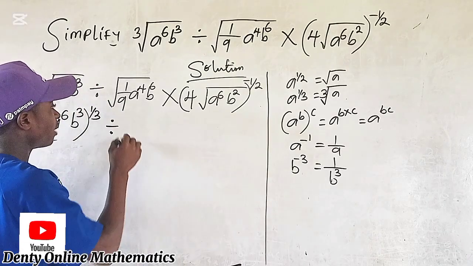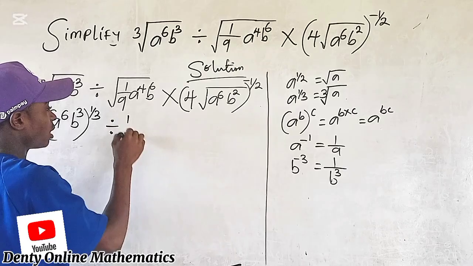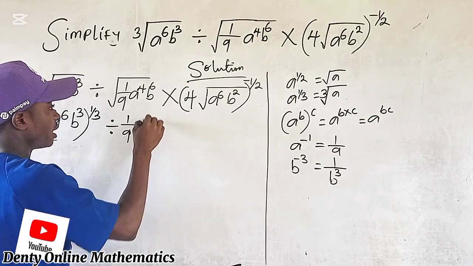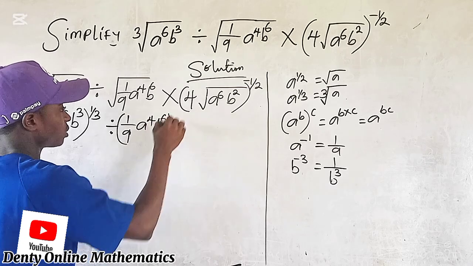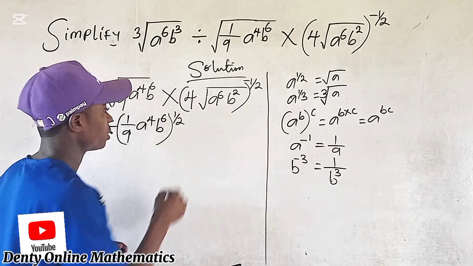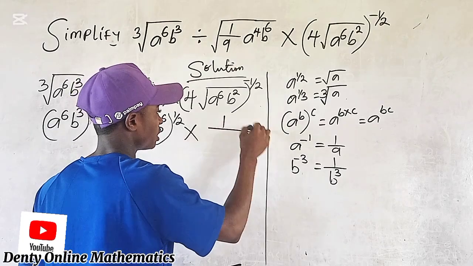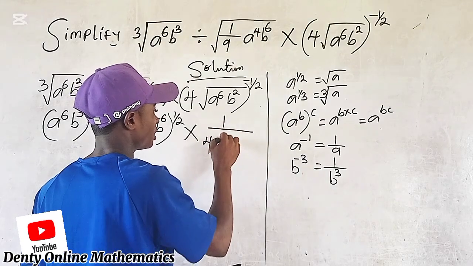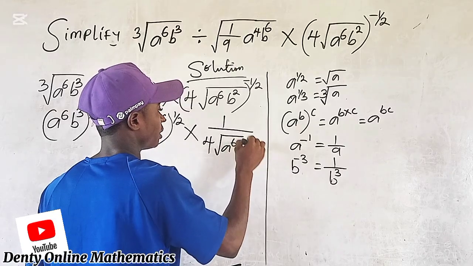Now divided by the square root, which is 1 over 2, I'm going to have 1 all over 9 multiplied by a raised to the power of 4, b raised to the power of 6. All of this is raised to 1 over 2, multiplied by, as we said, if you have a negative exponent, you can take the reciprocal of it and everything changes to a positive sign.